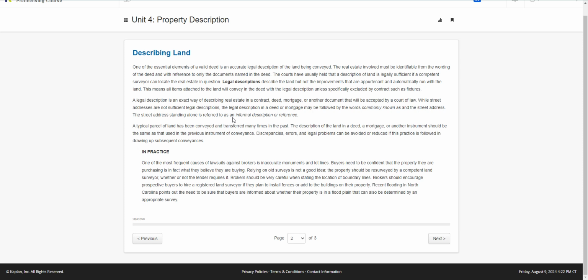This means that all items attached to the land will convey in the deed with a legal description unless specifically excluded by contract, such as fixtures.